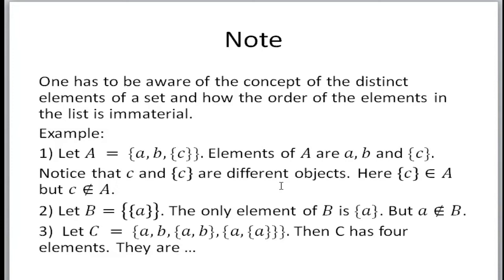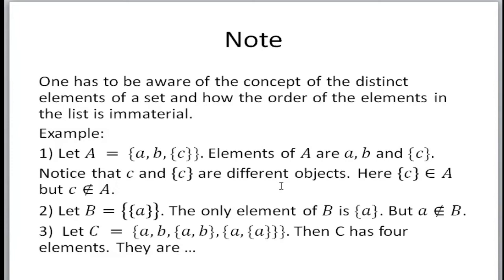So the order of the elements is immaterial. So abc means the same as bac or cab or cba, like that. So this is the first thing that you should be aware of.